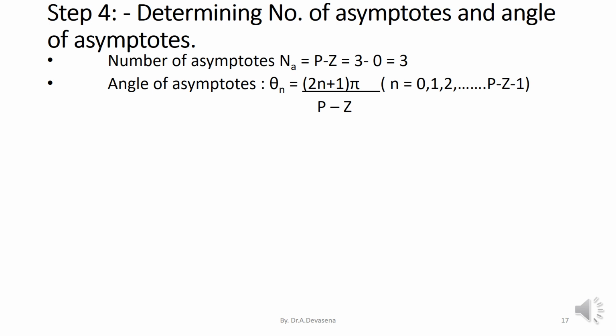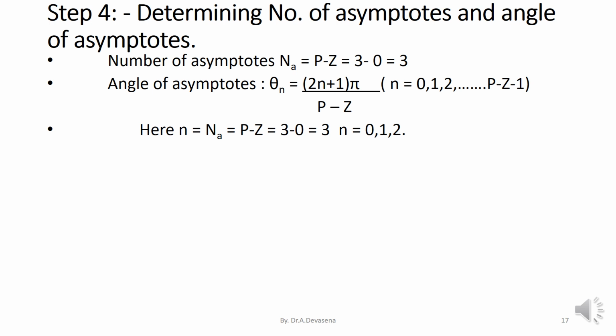The formula is theta_n equal to (2n plus 1) times pi divided by (P minus Z), where n starts from 0, 1, 2 and goes on up to P minus Z minus 1. Here P minus Z is equal to 3 minus 0, that is 3.